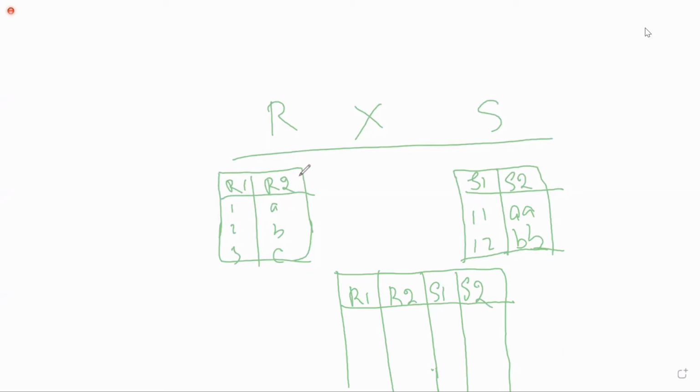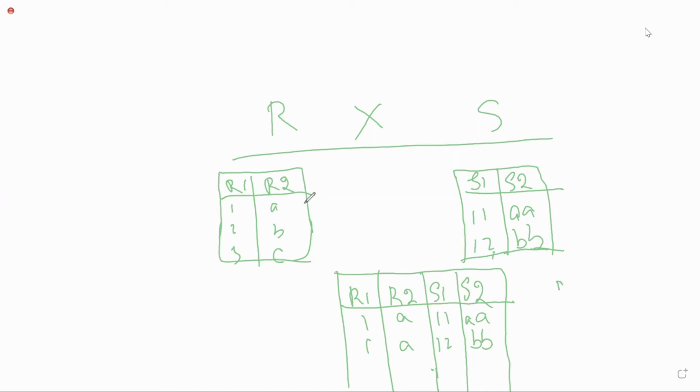Each and every record will be mapped with all the records of the other table. If we pick the first one, it will be mapped to all the records in the second table. So we get a table as an output with all the possible combinations.